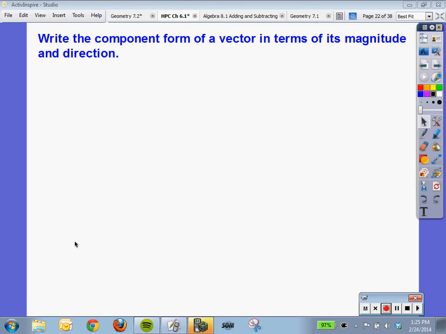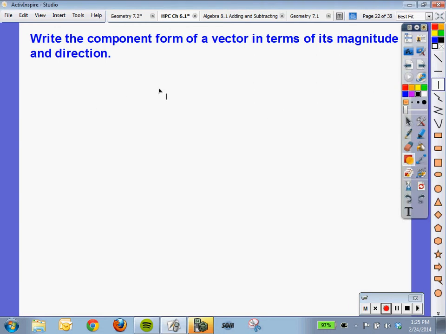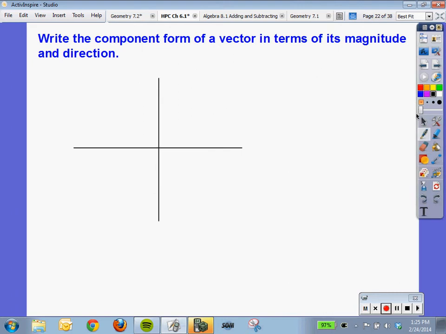So we're going to start off with an XY axis system, and I'm going to go ahead and draw a vector out in this direction here.